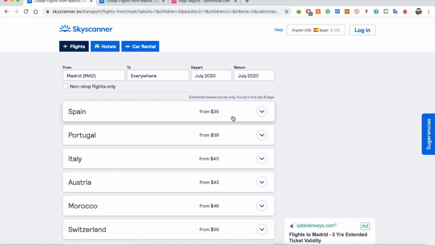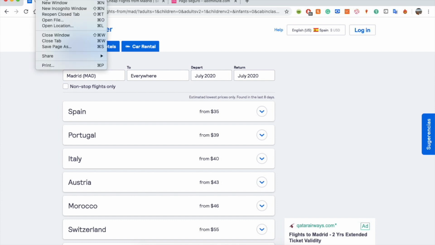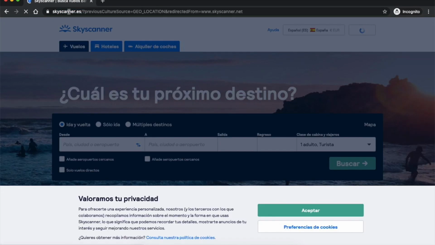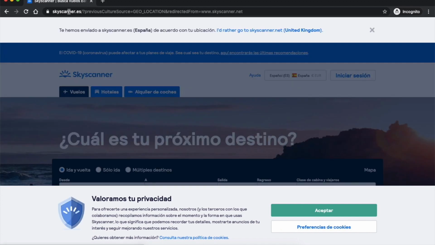But another cool tip that I would really stress is use an incognito tab when you're searching on Skyscanner. A way that you can do that is you go to File, New Incognito tab. You click on this and you have a new incognito tab, and then you just go to skyscanner.net. What this just means is that they can't track you. Every time you're searching for a flight, the airline, Skyscanner, they're looking at it.